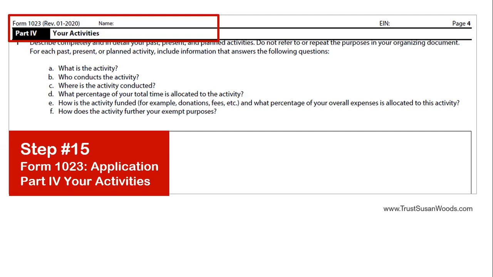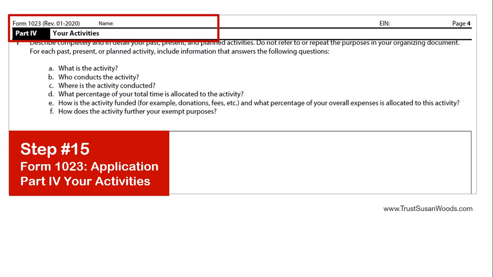B, who conducts the activity? C, where is the activity conducted? D, what percentage of your time is allocated to the activity? E, how is the activity funded? For example, donations, fees, etc. And what percentage of your overall expenses is allocated to this activity? And F, how does the activity further your exempt purposes?